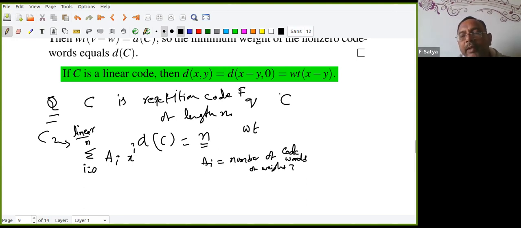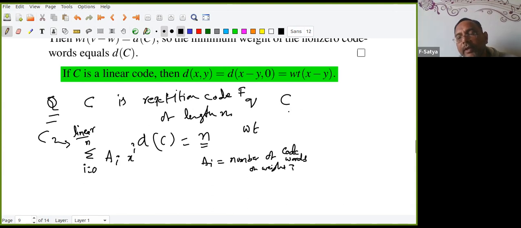Can somebody help me, what is the weight generator polynomial for that? Sonali did one problem today. She proved that it is a linear code. What is the generator polynomial for that? I will ask you questions.